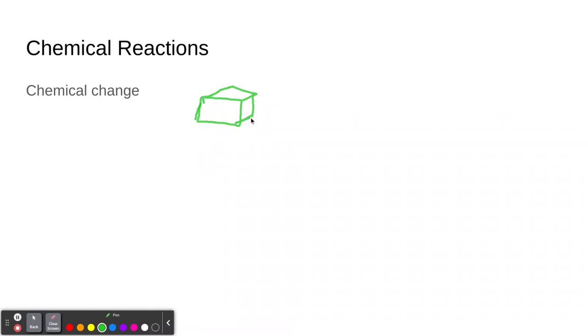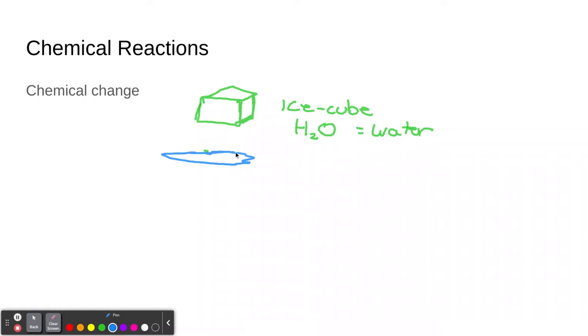We have this ice cube, and we know that the ice cube is H2O. It's the hydrogen oxide. It's water. And if this ice cube melts, people kind of symbolize water with blue, even though it has no color. When the ice cube melts, guess what? It's still H2O. So this was a physical change.